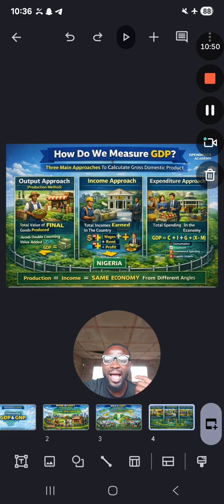So if we add every stage, that would cause double counting. But when we talk of final goods, the final thing that was produced by the producer, the final income that comes in is what we count as the output approach.